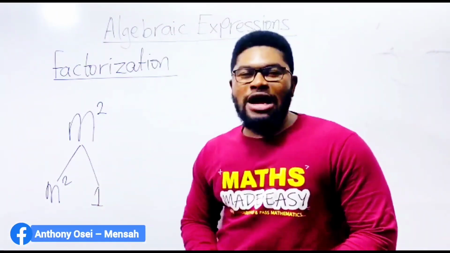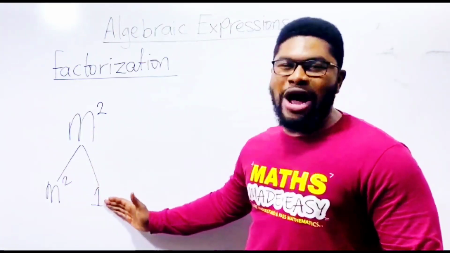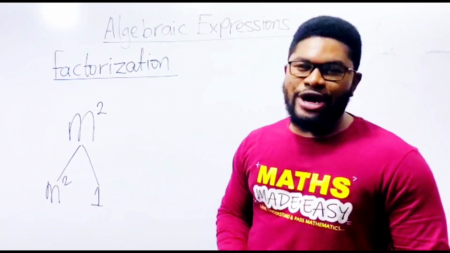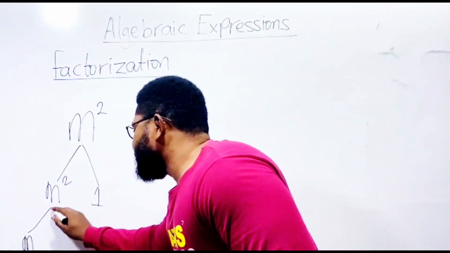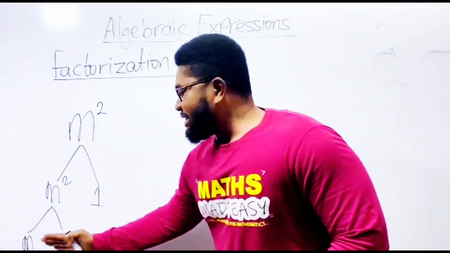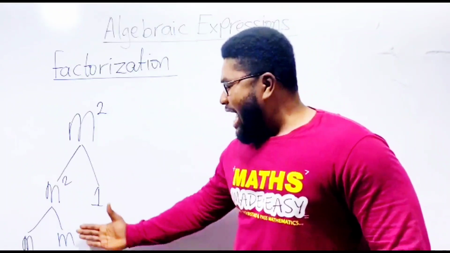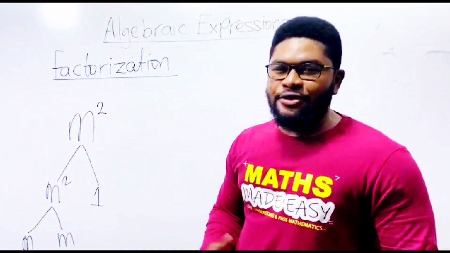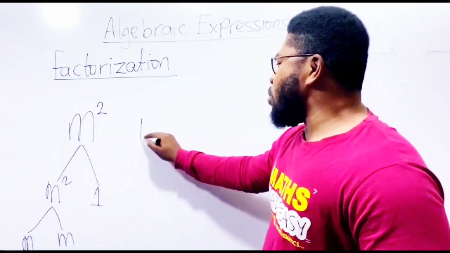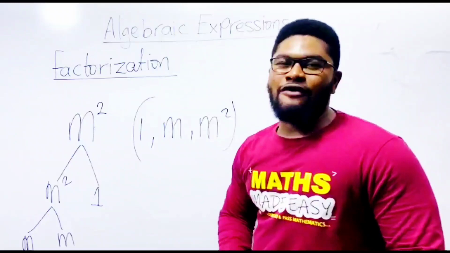So m squared and 1 will become factors of m squared, since m squared times 1 will still give us m squared. The next pair of factors can be m. m times m will still give us m squared. So then we can conclude that m is a factor of m squared. So in all, we'll get 3 different factors, which are going to be 1, m, and m squared as the factors of m squared.